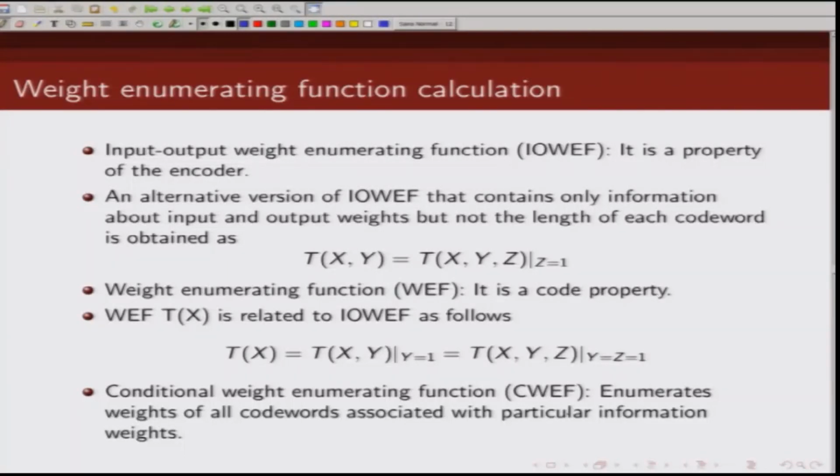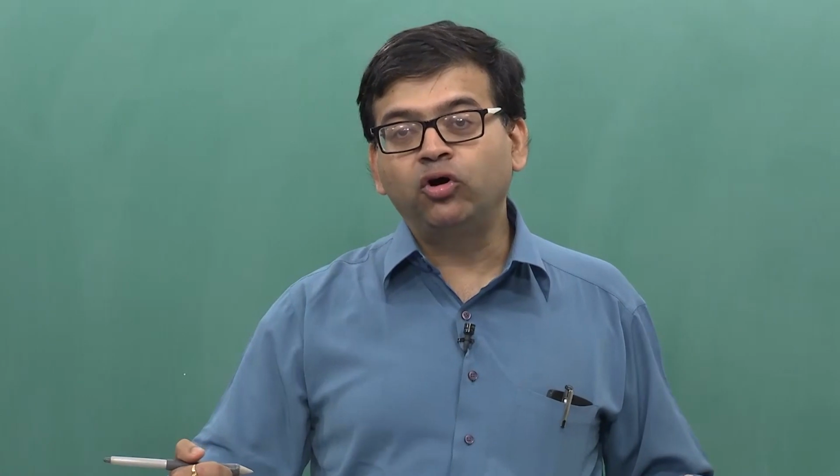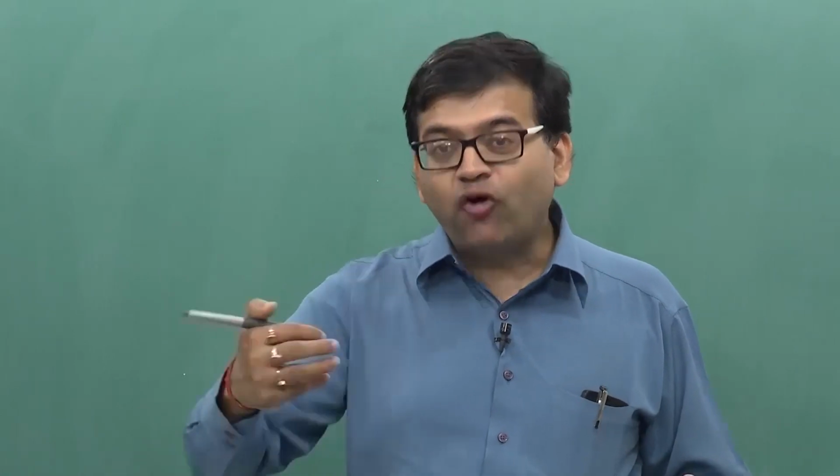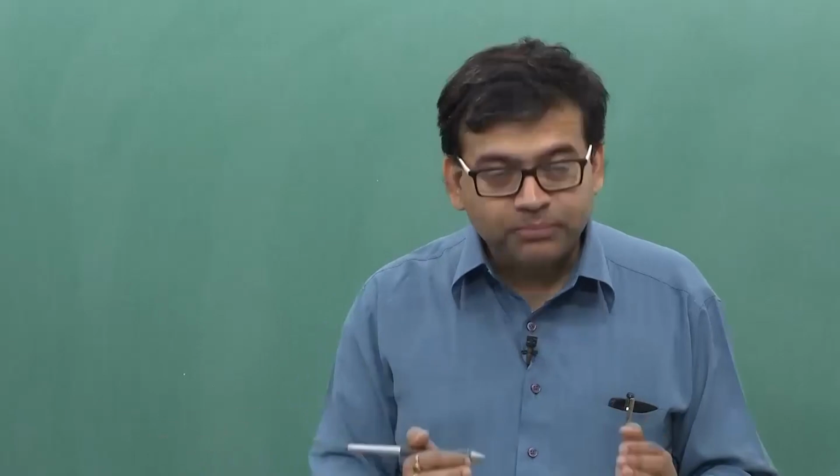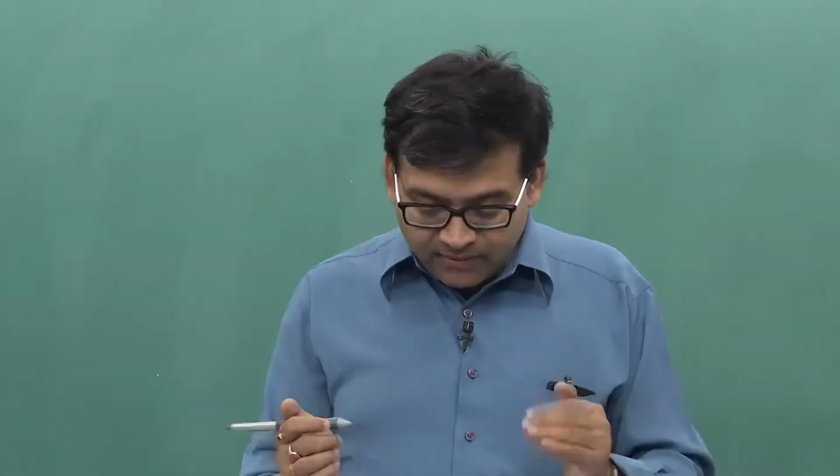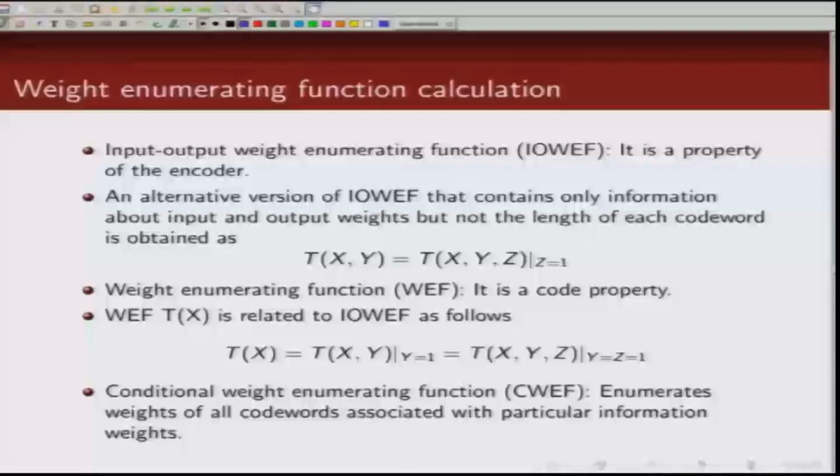So, if you are interested in knowing the output weight that corresponds to an input sequence of weight 4, then from the input output weight enumerating function, by collecting all terms which have y raised to the power 4, we can find the weights of all code words corresponding to an input weight of 4.